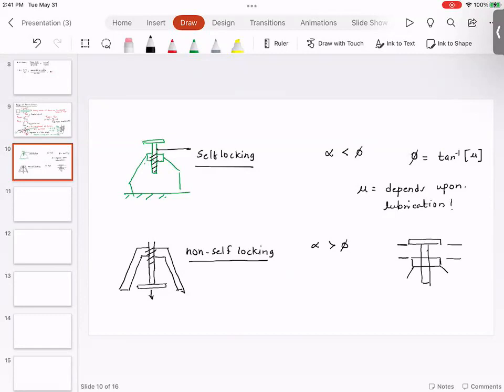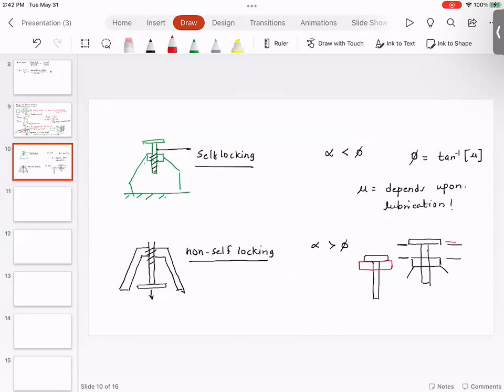It will close on its own. So it will become like this. And if it's self-locking, you raise it up, it will stay where it is. So that is how you will judge whether the screw is self-locking or non-self-locking. Any other questions?